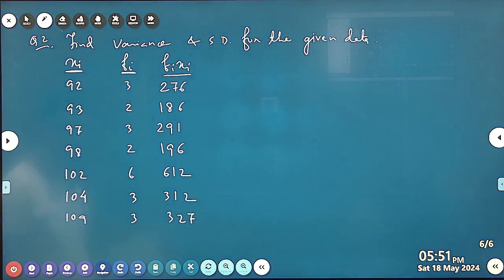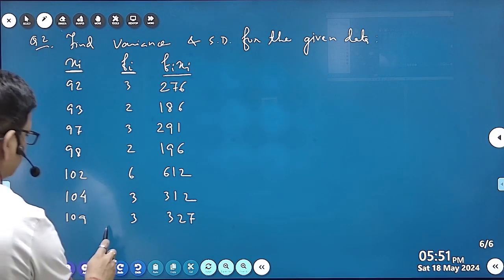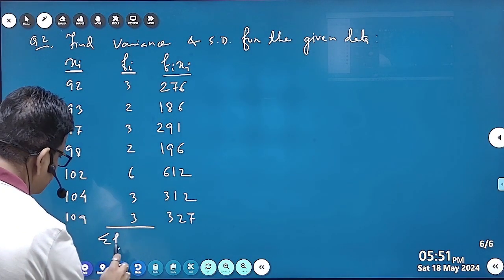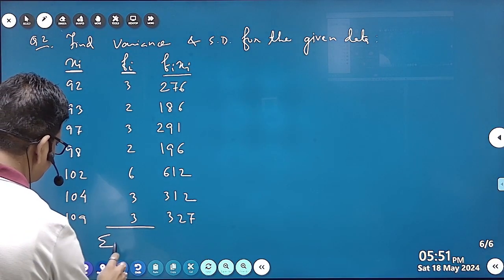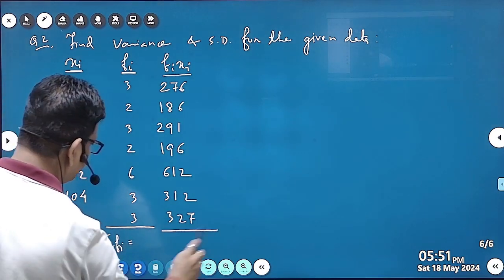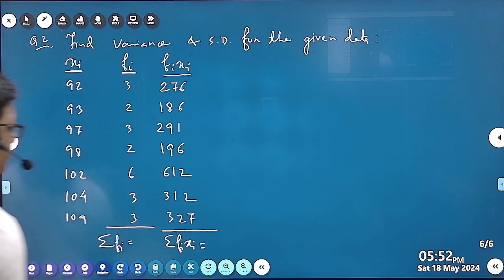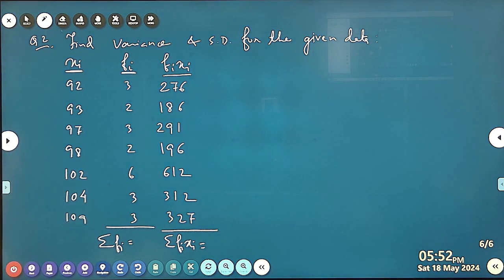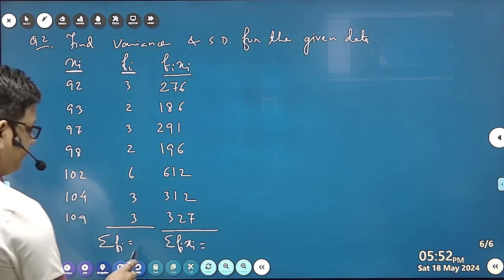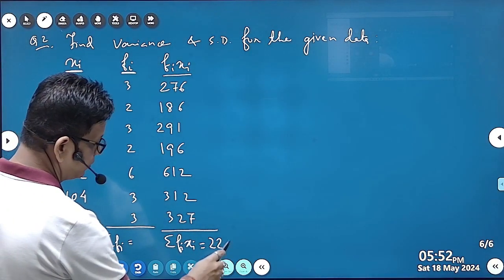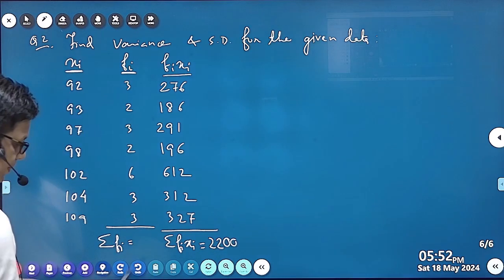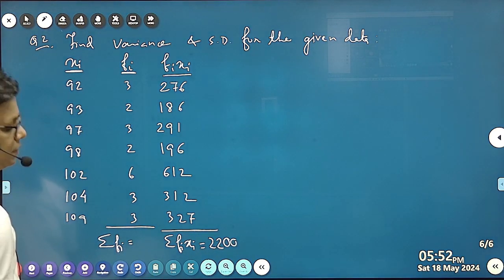Are these correct? Then what you have to do is find summation of fi, and this side you find summation of fi xi. How much? fi xi is 2200. Fi, how much?